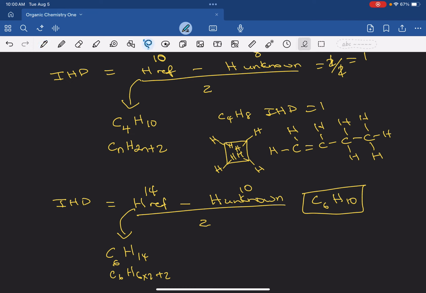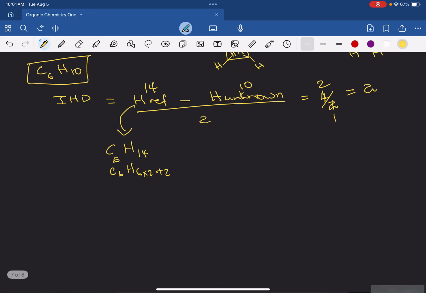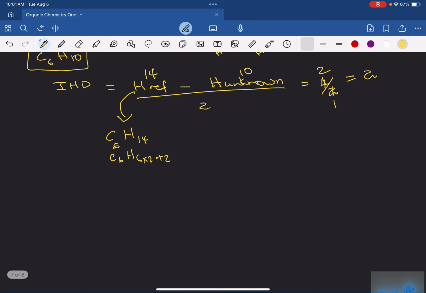So let me move this out of our way. Put it over here. So this is equal to 4 divided by 2, so we have two index of hydrogen deficiency, right? So it means that this molecule, and I'm looking at C6H10, generally C6H10 or C5 generally are ring structures, right?